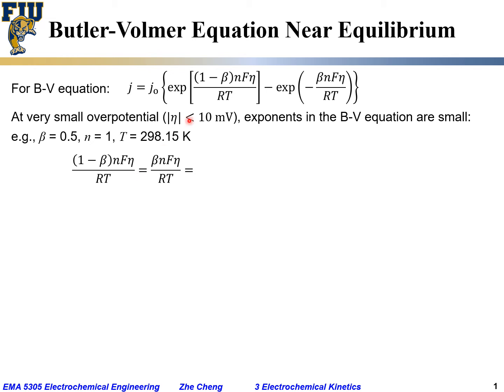the exponents, because beta is 0.5, the two exponents would be the same.